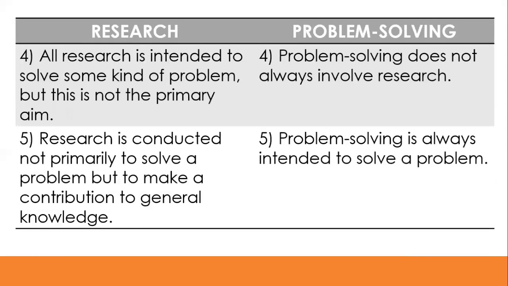Okay, so next we have, all research is intended to solve some kind of problem, but this is not the primary aim. On the other hand, problem solving does not always involve research.